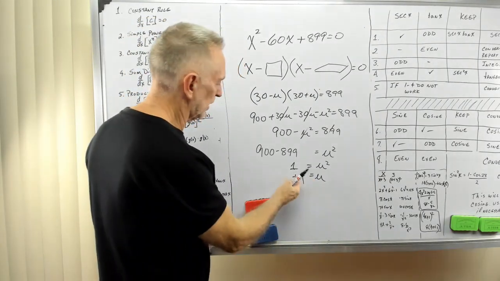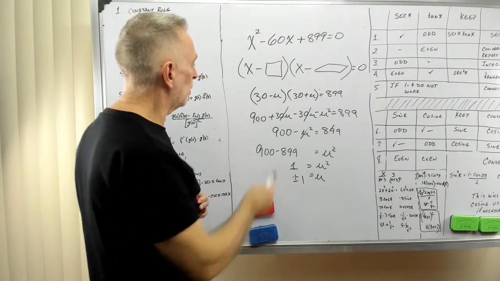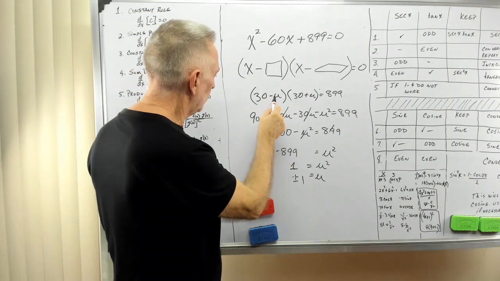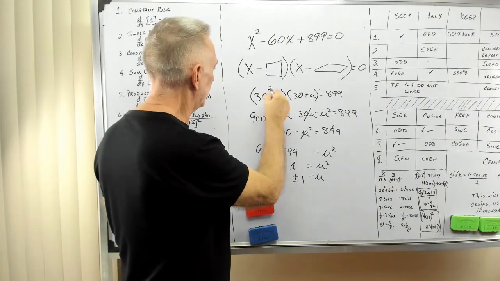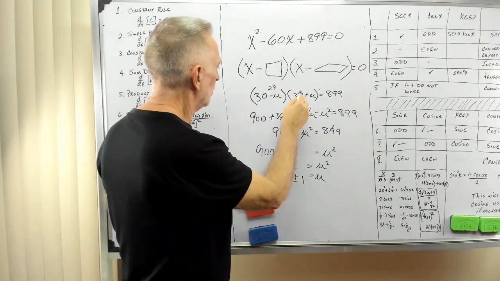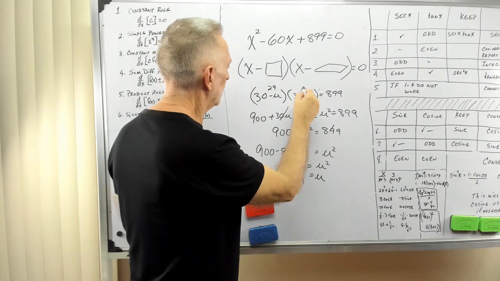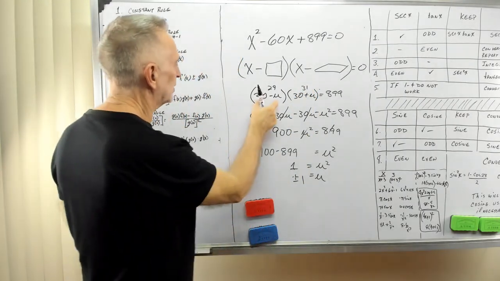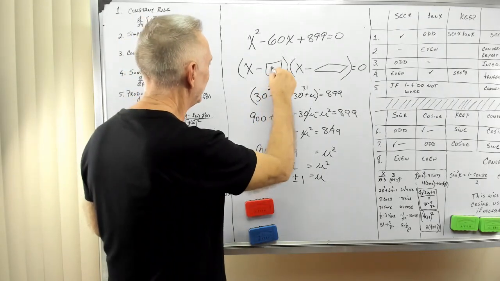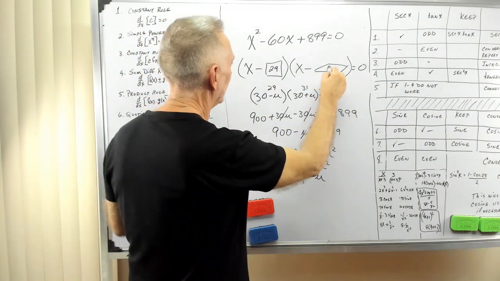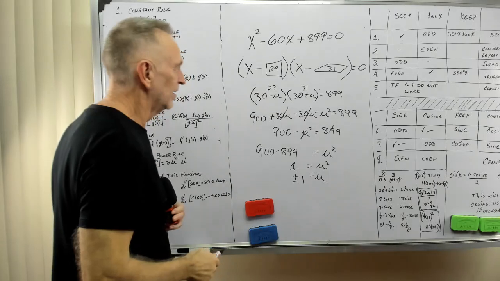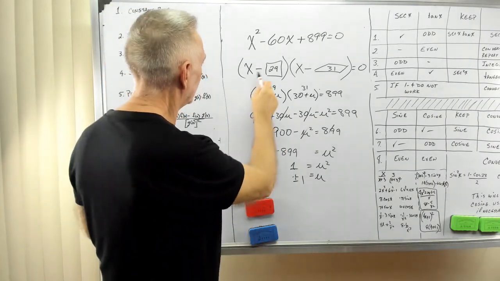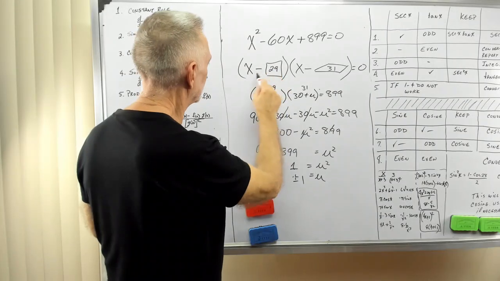Let's just take the positive 1 for just a moment. 30 minus 1 is 29. 30 plus 1 is 31. So it's saying the number that goes in here is 29 and 31. Well, that should give me what, let's see what we have here.